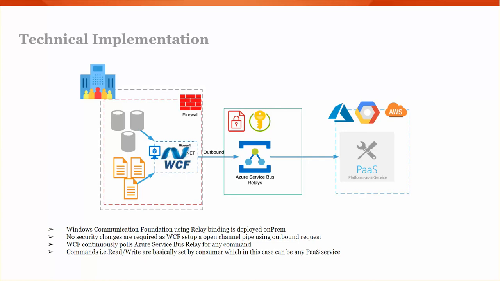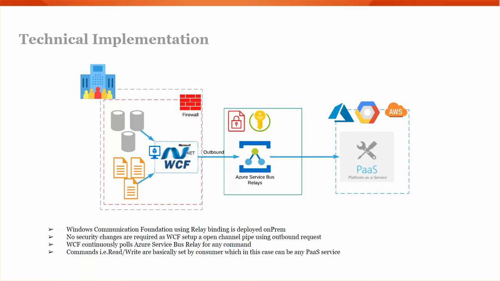In a normal case, you would need both inbound and outbound channels open inside your network, and that would mean a firewall rule change. But when we use Azure Service Bus Relay and WCF, we do not need to make any changes to inbound communication. When WCF initiates, it makes an outbound connection to the Azure Service Bus Relay, and it keeps that channel open indefinitely.